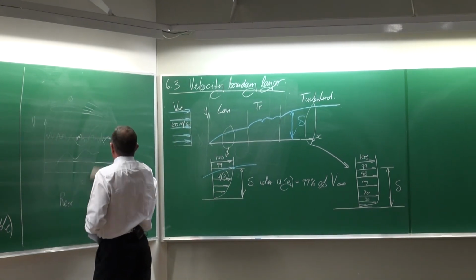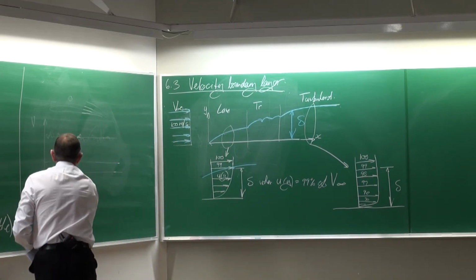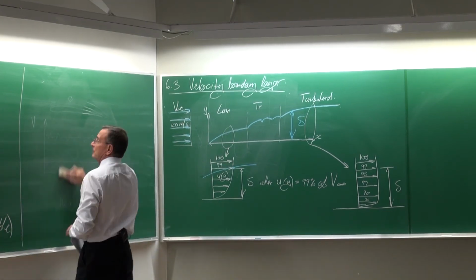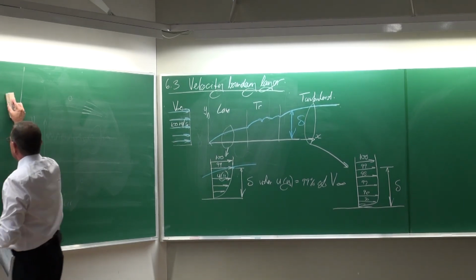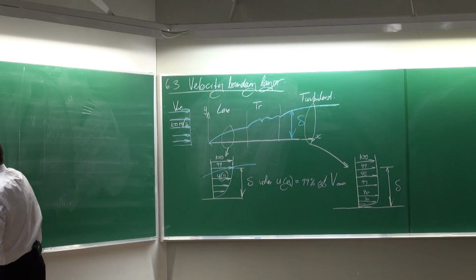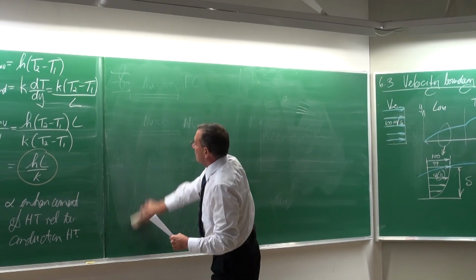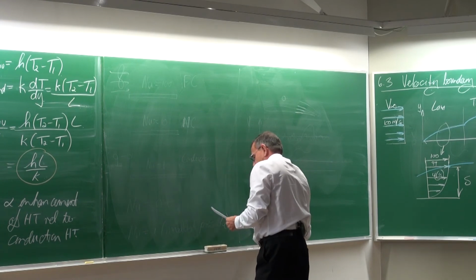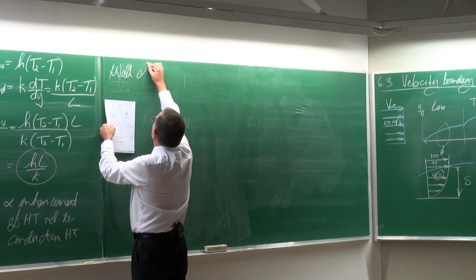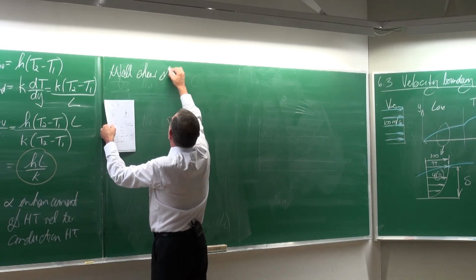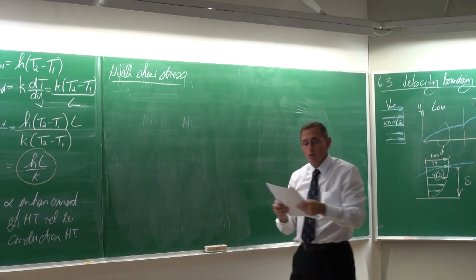Okay, I want to do another sketch next to the velocity boundary layer. So before I do that, there are a few things that I first have to define and revise with you. And that is the wall shear stress. You've done it in fluid mechanics. We are going to use it in this module.